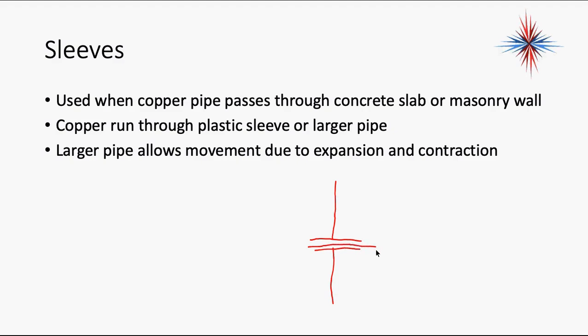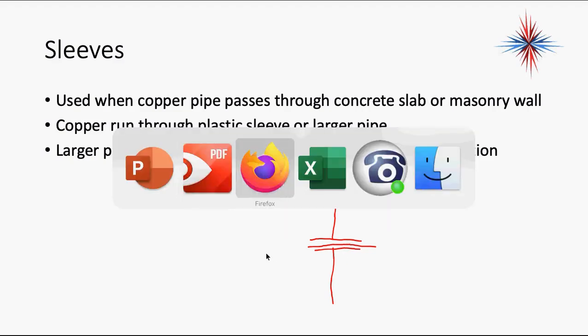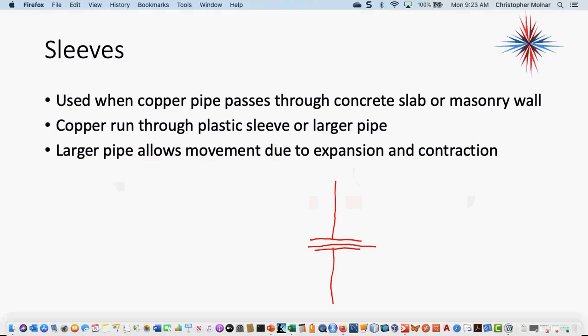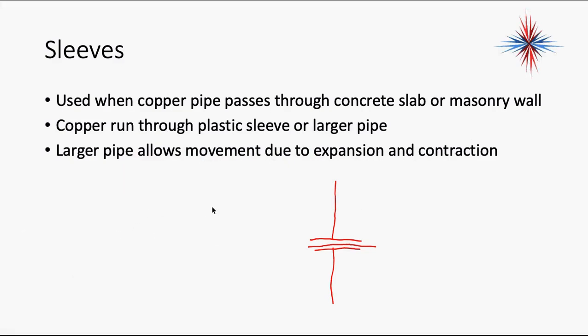Again, we use a larger pipe than what we need because I have to allow for expansion and contraction. We cannot have copper at any time come into contact with concrete. The copper will break down, and it's going to leak.